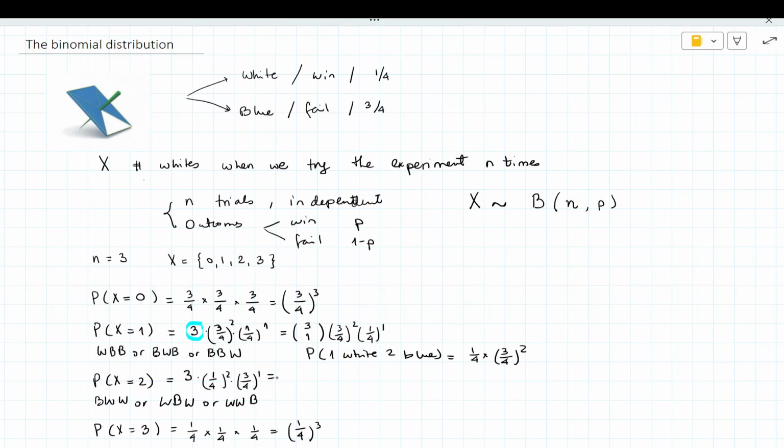This is the combinatorial number, well, a combination is 3 choose 1, but the combination is 3 choose 2. Also, we're picking 2 out of 3, which gives us exactly the same result.